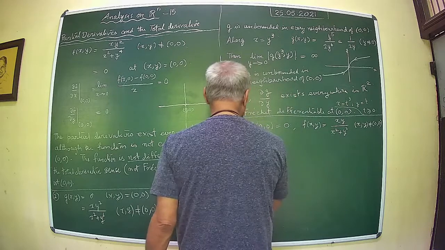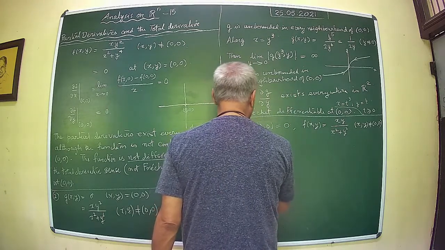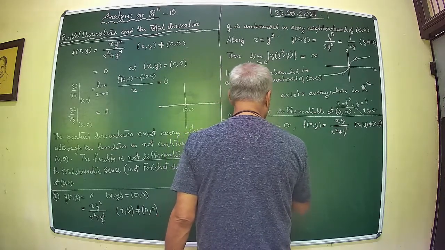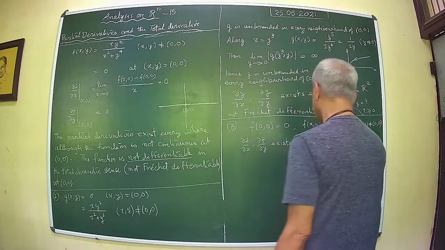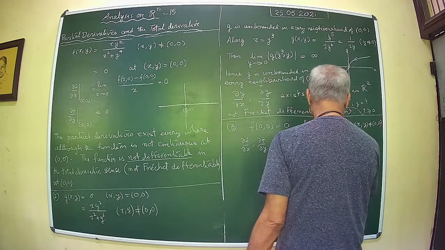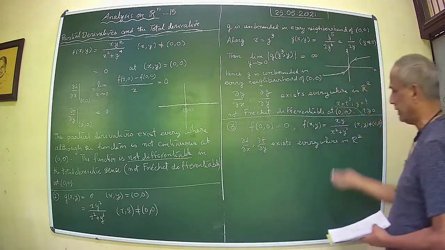Here again you see that df by dy, df by dx exists everywhere. That's quite easy to prove.